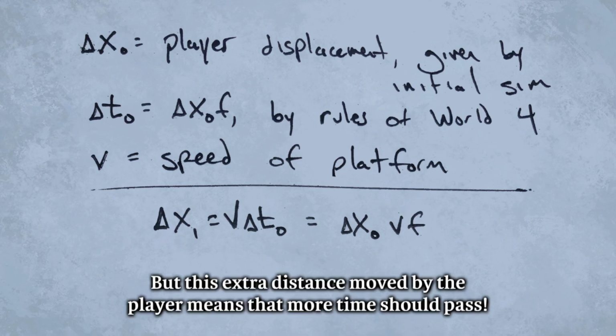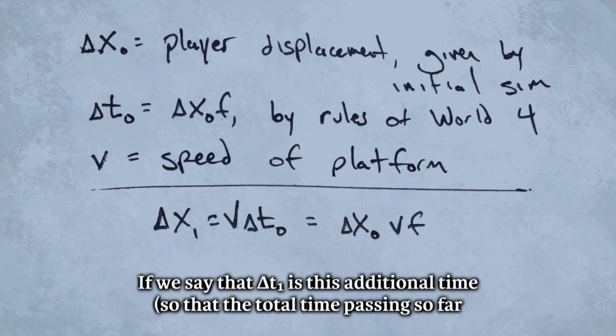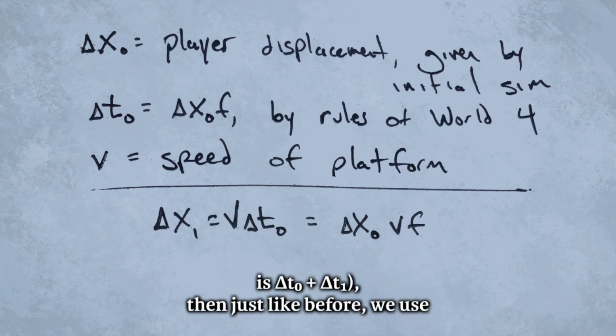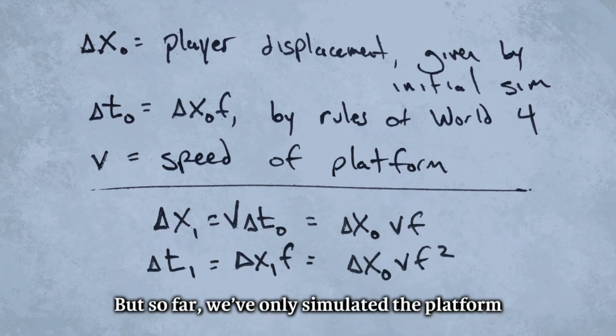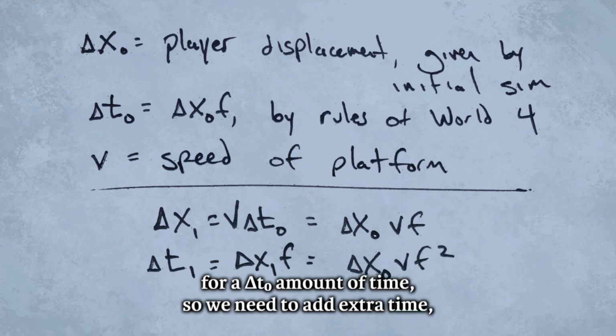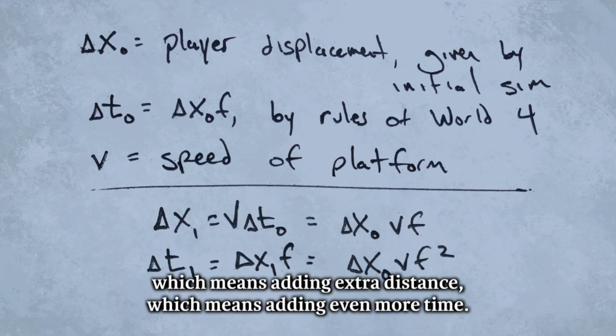But this extra distance moved by the player means that more time should pass. If we say that delta t1 is this additional time, so that the total time passing so far is delta t0 plus delta t1, then just like before, we use f to convert space to time. Delta t1 is equal to delta x1 times f. But so far we've only simulated the platform for a delta t0 amount of time, so we need to add extra time, which means adding extra distance, which means adding even more time.